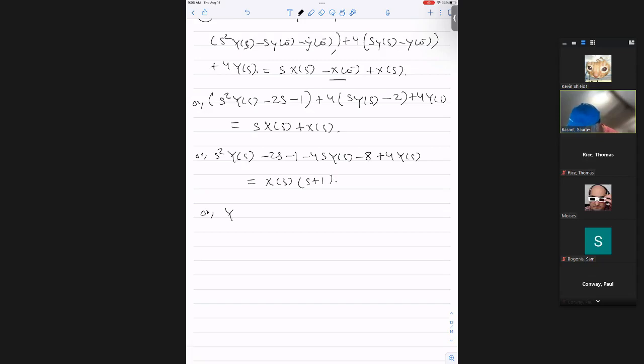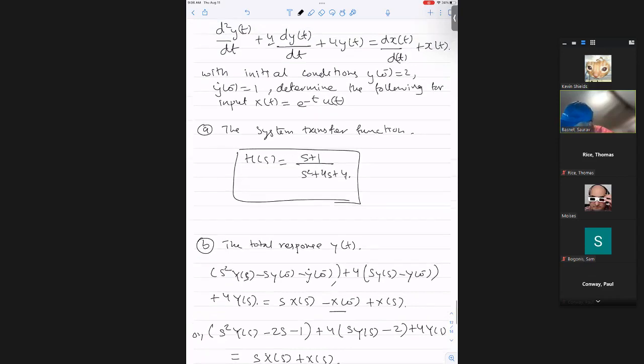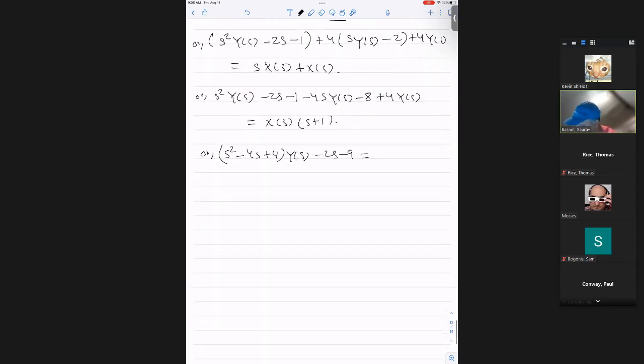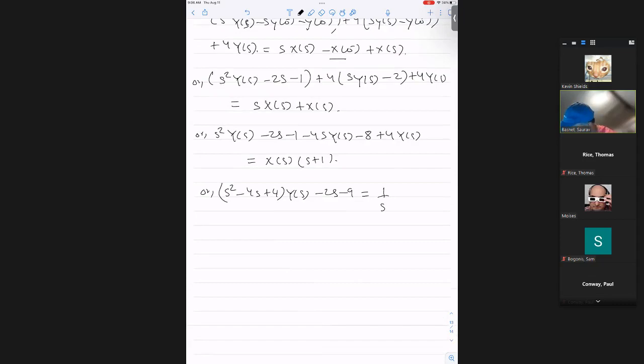So I can clean it up. (s squared minus 4s plus 4) y(s) minus 2s minus 9 equals, this is 1, what is x(s)? x(s) is e to the power minus t, that is 1 by s plus 1.